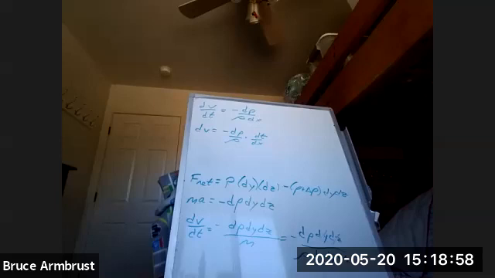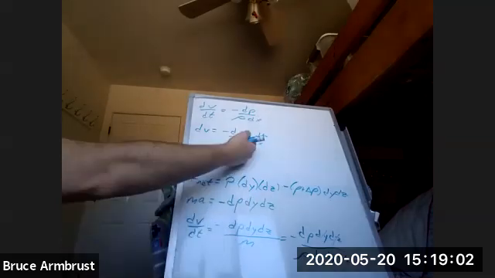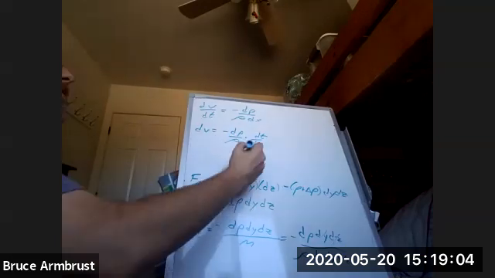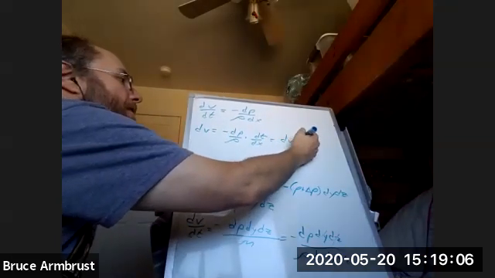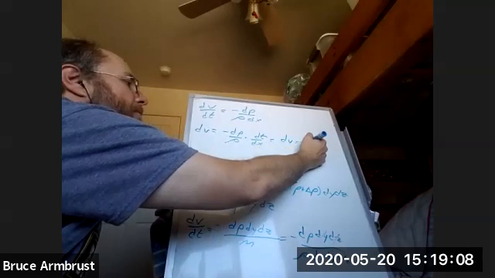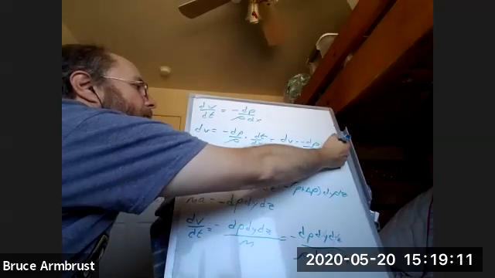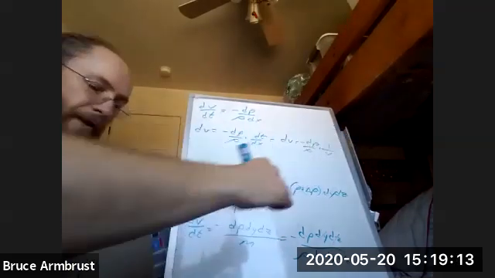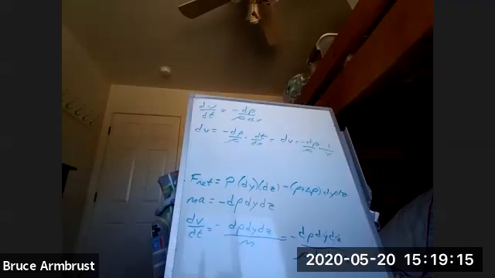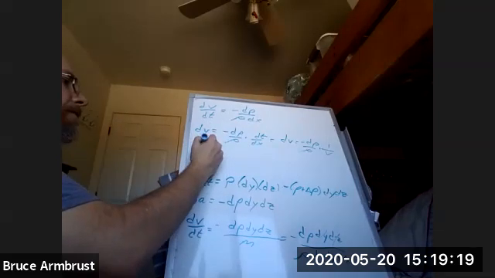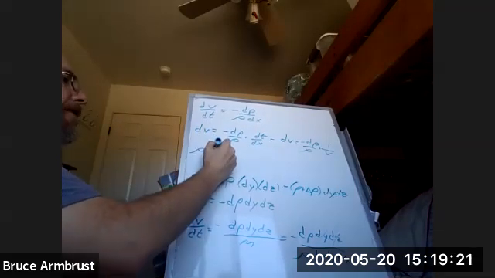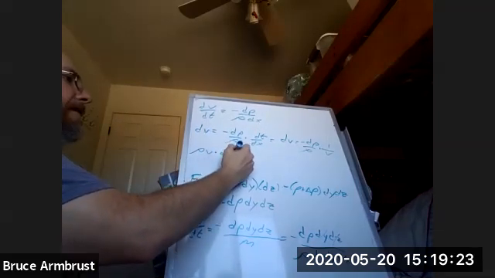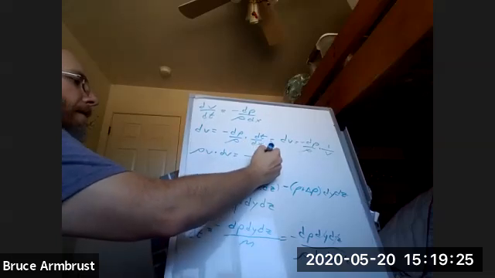And dt over dx is just 1 over your velocity. So we get dv is equal to minus dP over rho times 1 over v. If I get rid of that fraction, I've got rho v times dv is equal to minus dP.